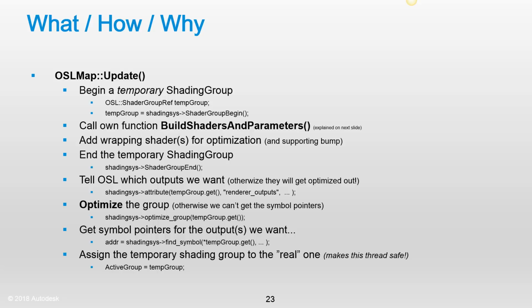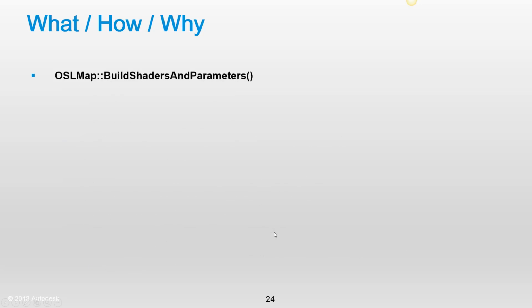If this is happening in the main thread, the render threads can merely be running and using the actual shading group, and not until we have finished and made our brand new shading group with the new values and the new settings do we just assign this variable. We change this variable for the rendering threads, and the rendering threads will at the next call pick up the new one and start rendering with the new shaders, and it's all nice and safe.